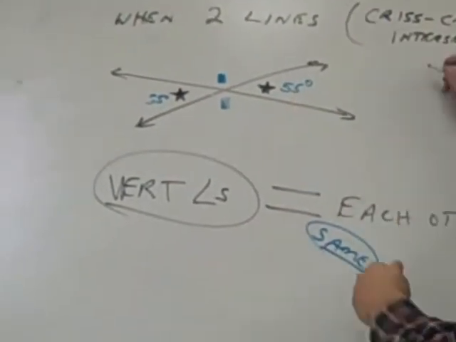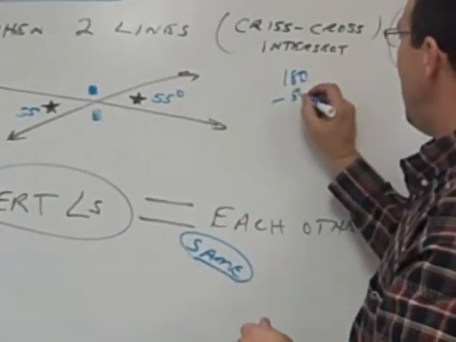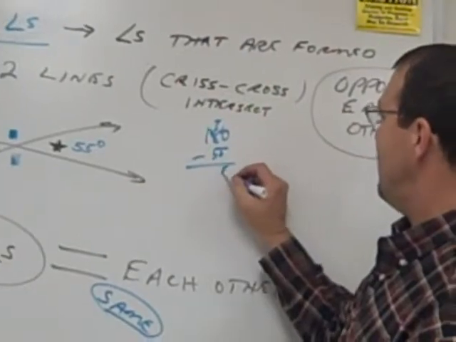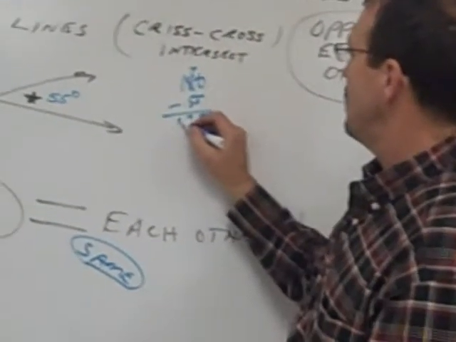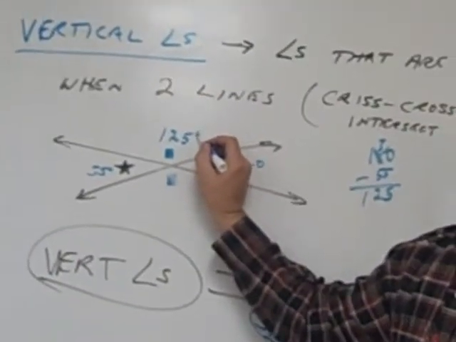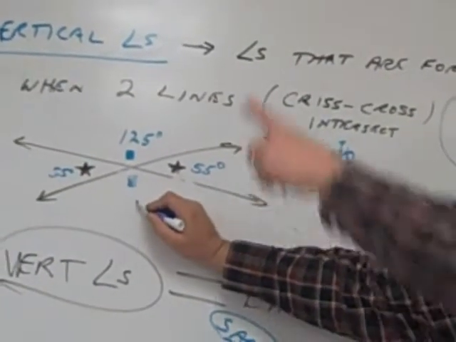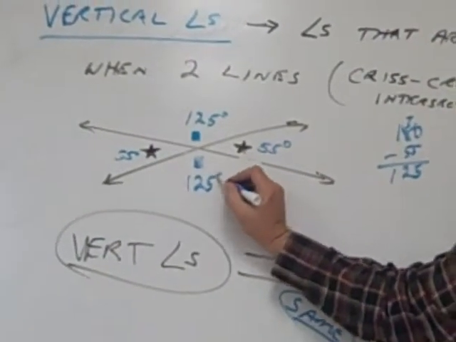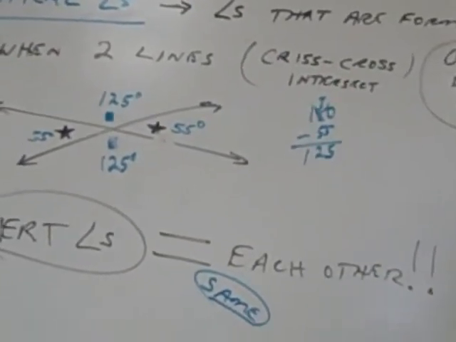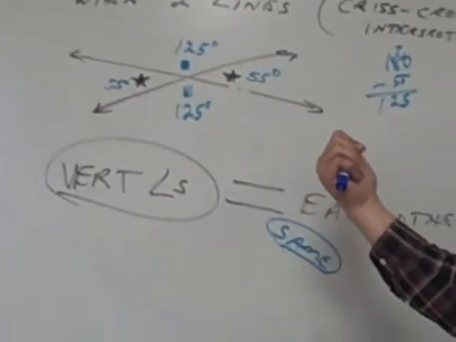So, if I go 180 minus 55, this guy has to be 125. Now what's this guy down here? 125. The same as what I just found up there. Do you see how that worked?